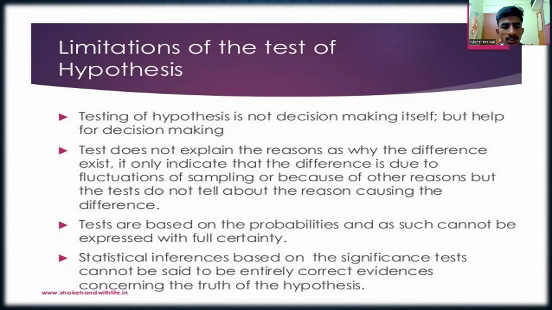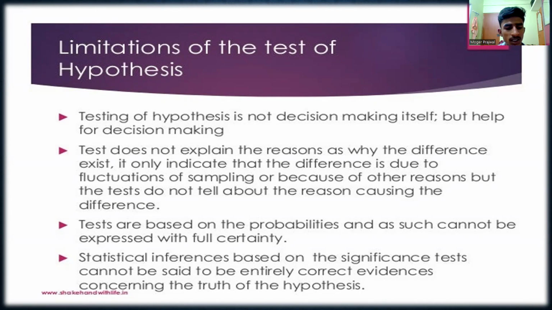And the second point is that the test does not explain the reasons why the difference exists. It only indicates that the difference is due to fluctuation of sampling or because of other reasons, but the tests do not tell about the reason causing the difference.